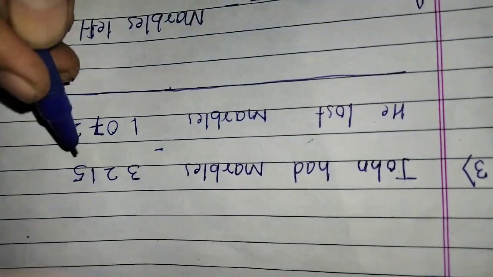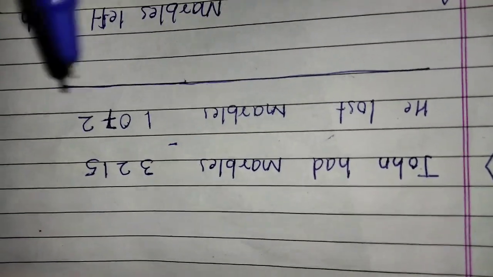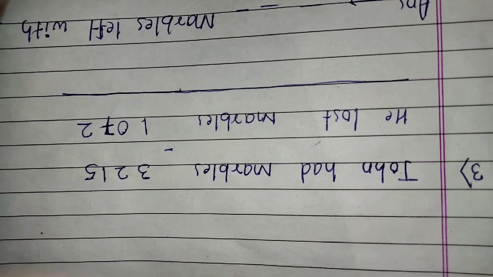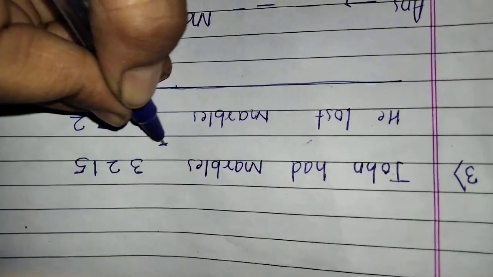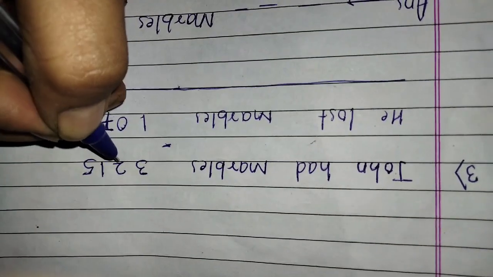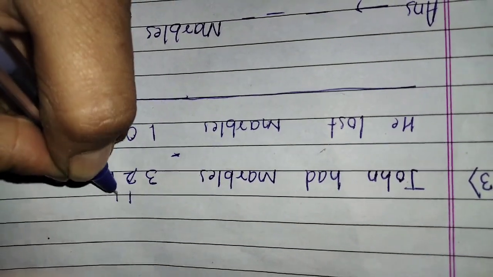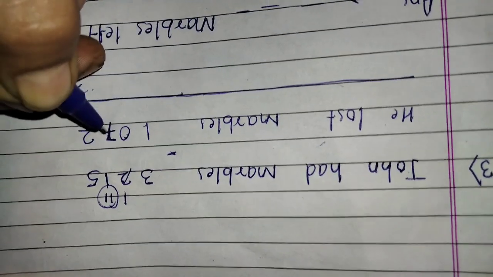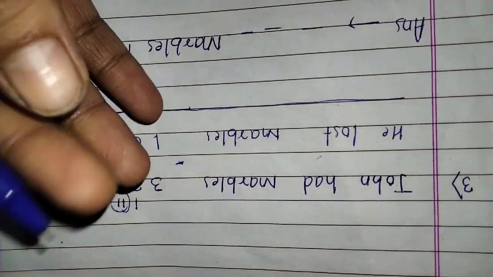John had 3,215 marbles and he lost 1,072 marbles. First we have to do the subtraction. 5 minus 2, 3. 1, 11. 11 minus 7, 7, 8, 9, 10, 11.